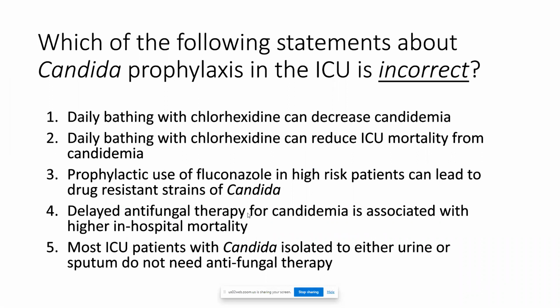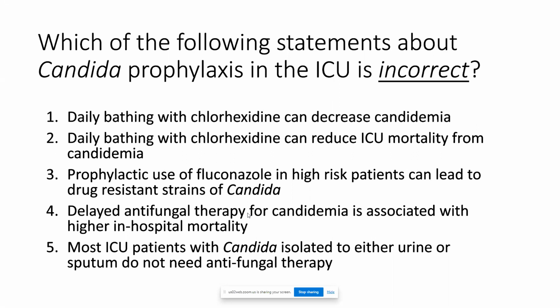Here's a question for you. Which of the following statements about Candida prophylaxis in the ICU is incorrect? Daily bathing with chlorhexidine can decrease candidemia. Daily bathing with chlorhexidine can reduce ICU mortality from candidemia. Prophylaxis of fluconazole in high-risk patients can lead to drug-resistant strains of Candida.